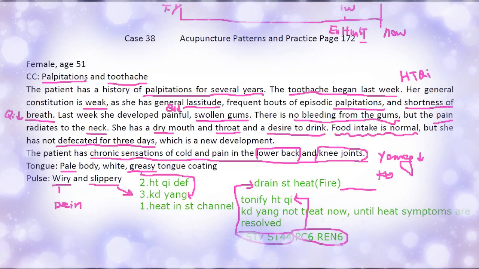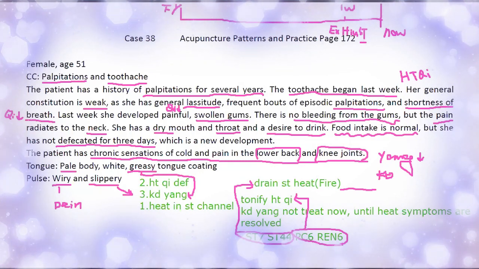Pericardium 6, she has shortness of breath, like some pressure in the chest area. That's good for using pericardium instead of heart. But truly, we can use the heart channel, like Heart 5, Heart 7, and even the back shu points of the heart. We can add some points there.